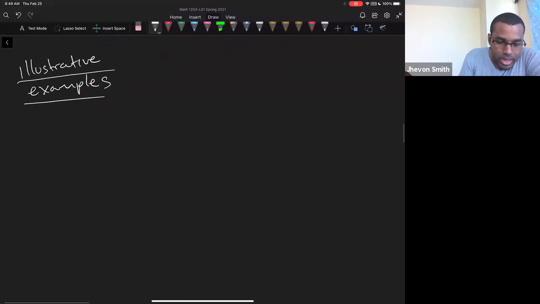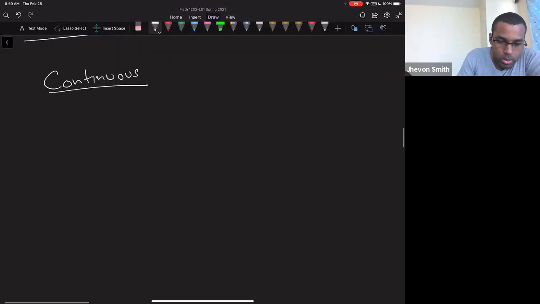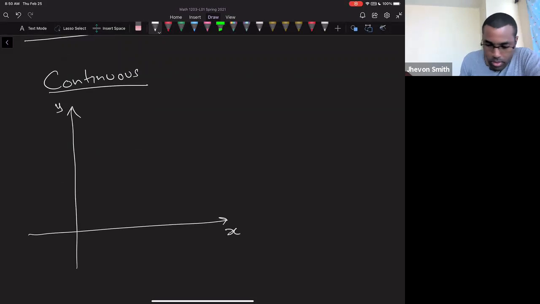So here's an example of a continuous function. Okay, so here's my function. These are the axes. And this is the point A right here.